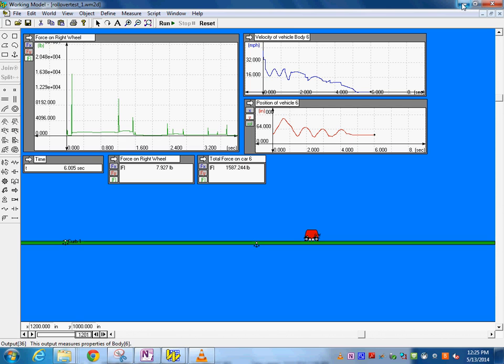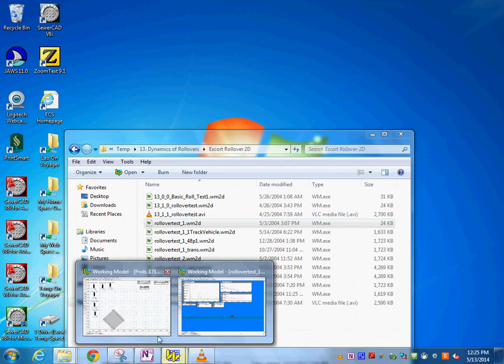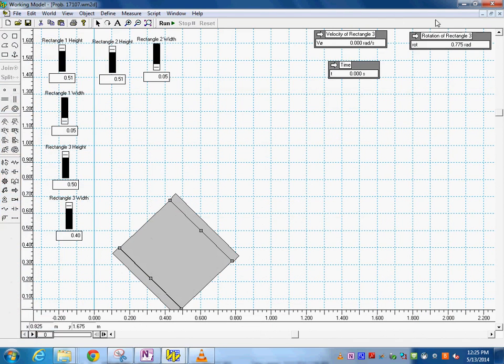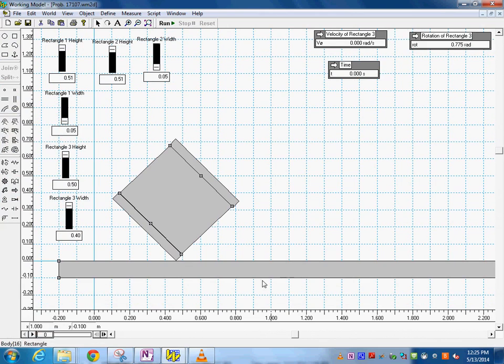So to understand this principle, I have another simulation, or a basic problem here that you see. There is a box just laying on its side, I would say on one of the edges.